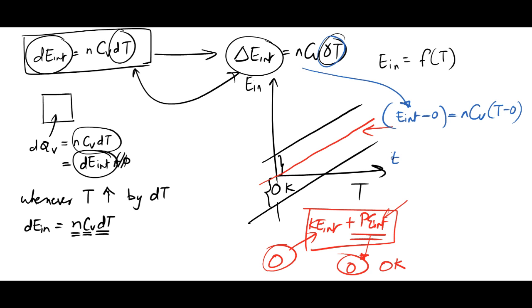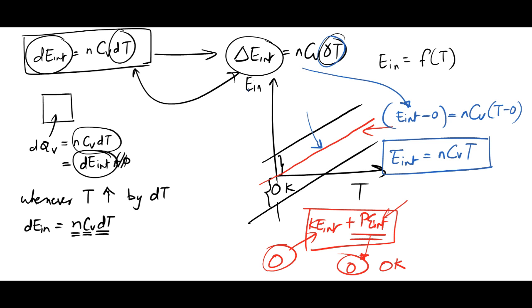So naturally I get a formula which is not unexpected, because the equation of such a line is of the form y equal to mx. So what I get is E internal is equal to n times Cv times T. That's the formula for the internal energy of an ideal gas at temperature equal to capital T.